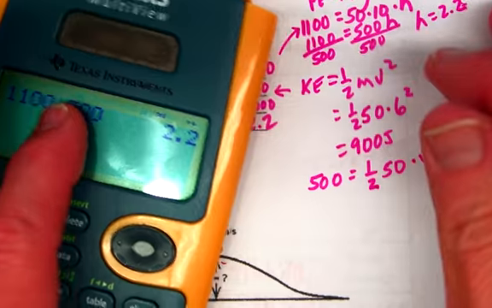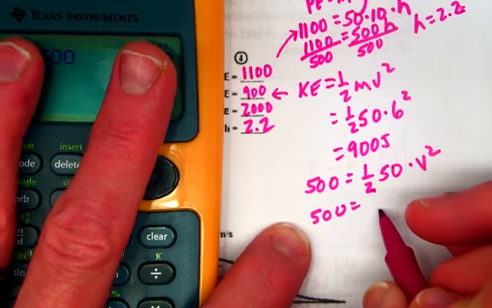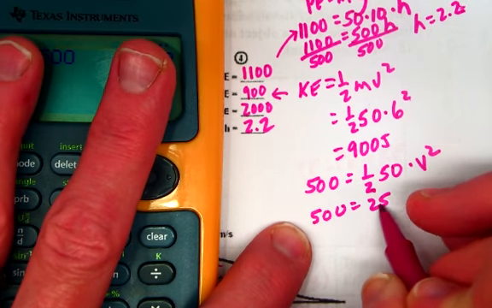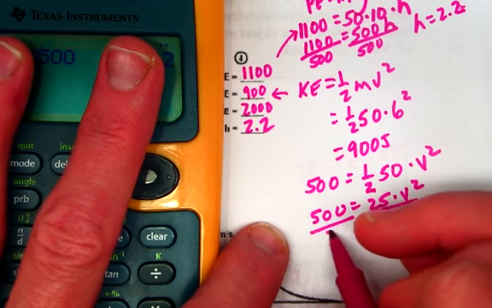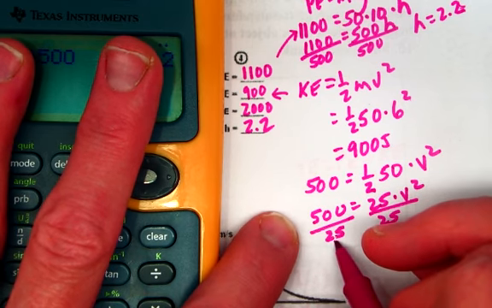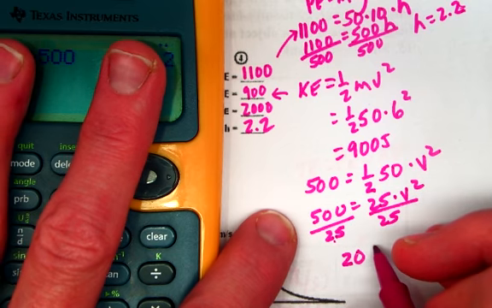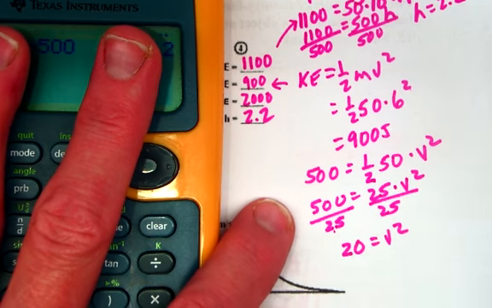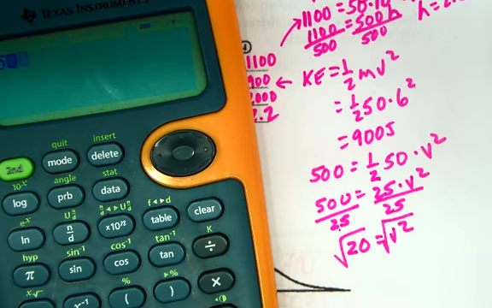So this is going to take a little bit of algebra. 500 equals 1/2 times 50, which is 25. Divide both sides by 25. So 25 goes into 500 20 times. 20 should equal v squared. Take the square root of both sides.